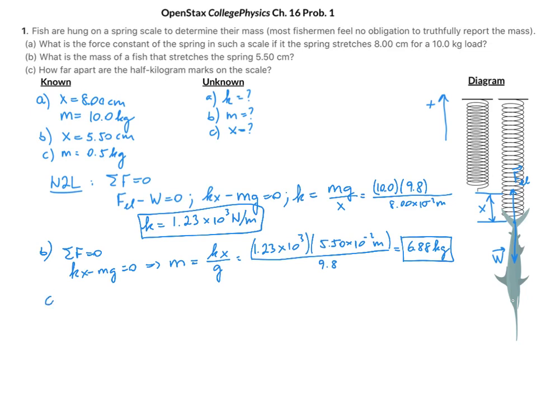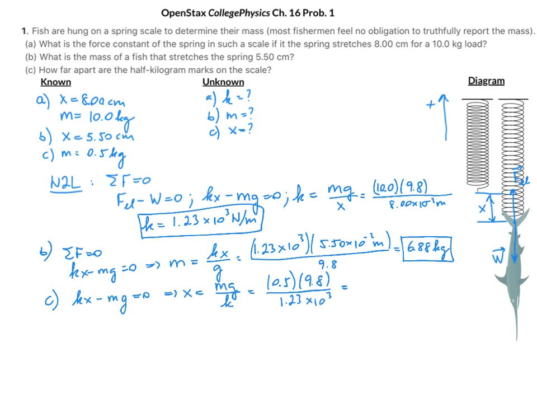Now in part C, I know the mass, I know the spring constant, and I'm looking for how much the spring scale stretched. So I start again with kx minus mg equals 0, and then x will be mg divided by k. m is 0.5 kilograms, g is 9.8 meters per second squared, k is 1.23 times 10 to the third newtons per meter.